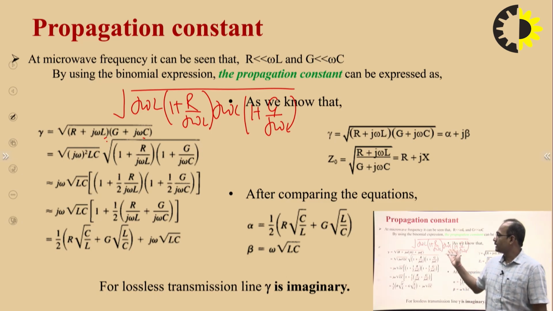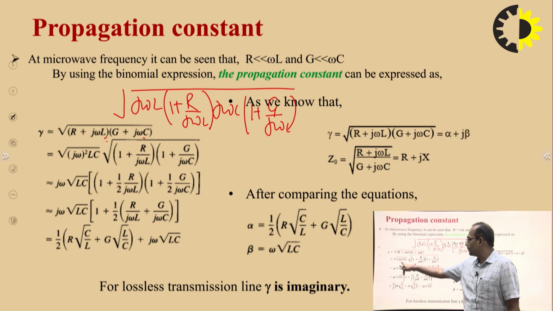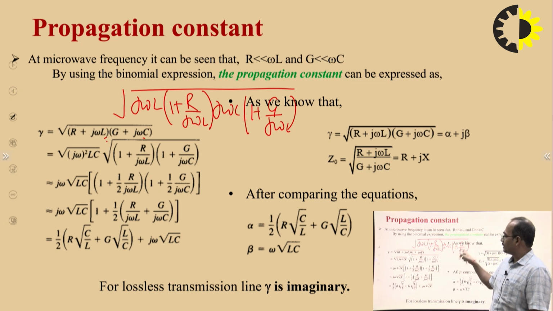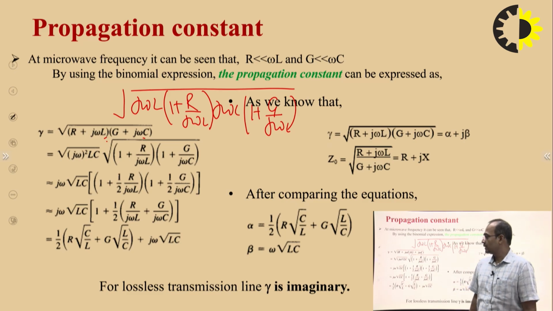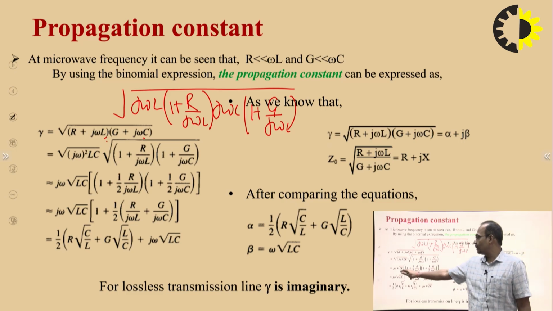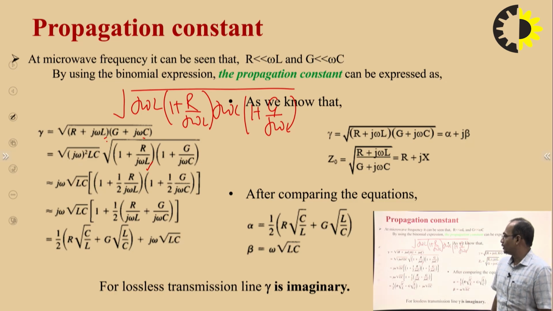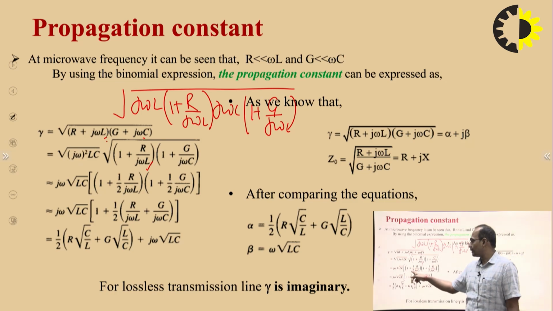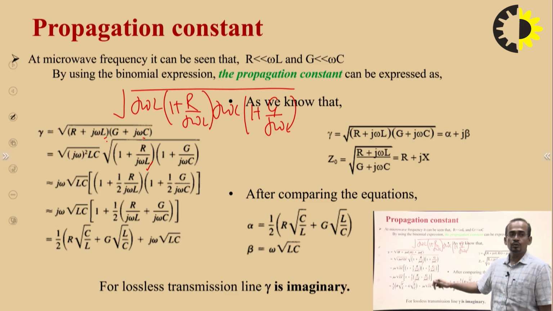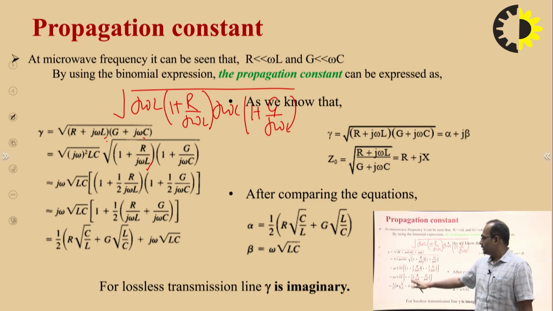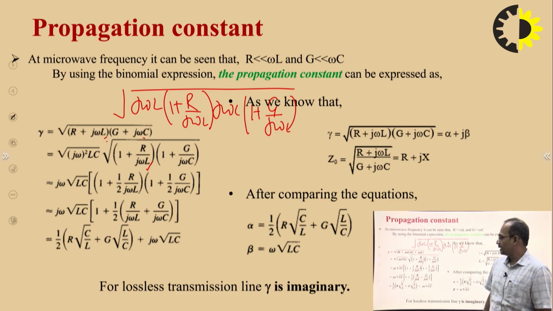Now you can see here, this is nothing but the square root of (jω)² LC times the square root of (1 + R upon jωL)(1 + G upon jωC). So jω square root of LC, by expanding this using the binomial expression, I will get 1 plus 1 by 2 R by jωL, 1 plus G by 2jωC. So jω square root of LC (1 + 1/2 (R by jωL + G by jωC)).